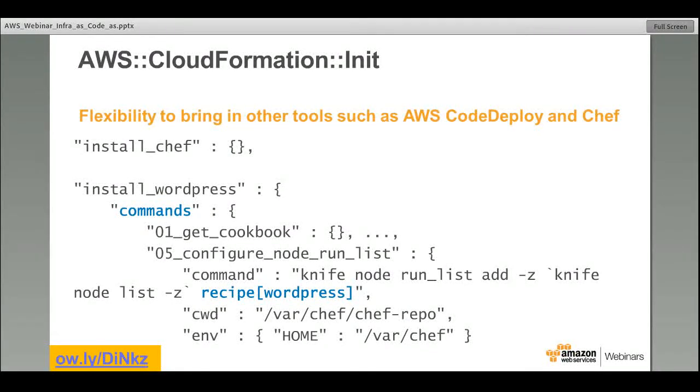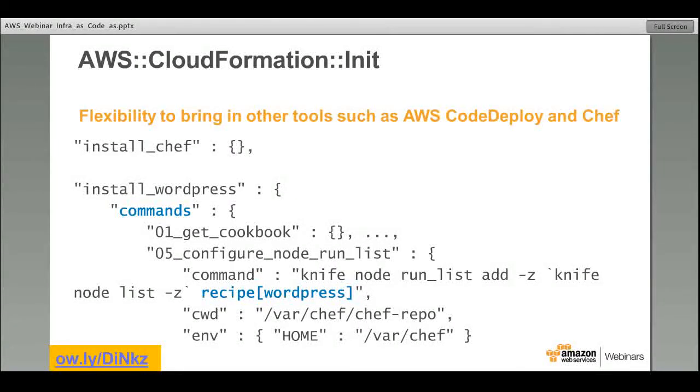As I mentioned earlier, you can bring in any other tool that you might want to use for application deployment. So for example, let's say you are installing WordPress and you already have some Chef recipes to install WordPress.